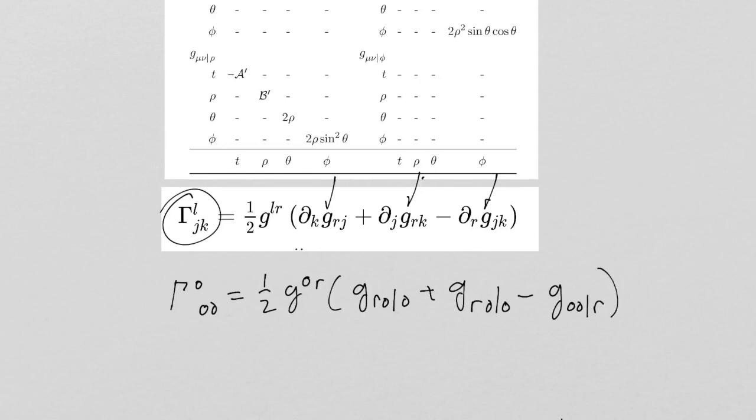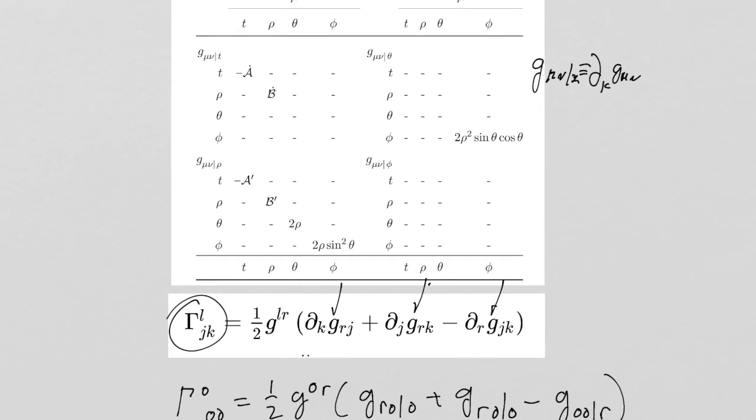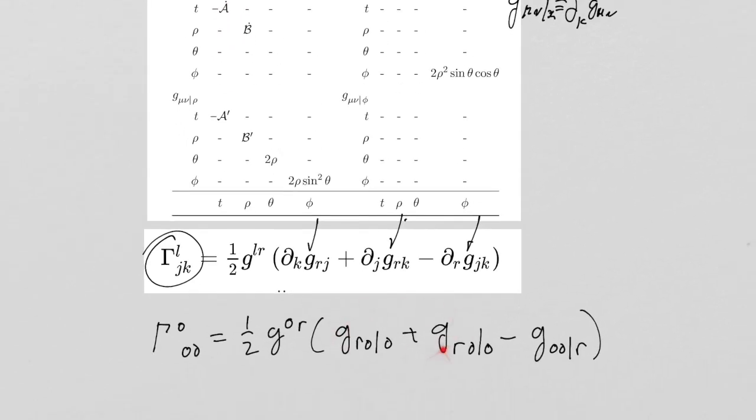So I can now calculate this 0, 0 term just by doing this. And I know all these things, right? I get these three off the table, right? The G 0, 0 partial 0 term would be the partial time term, which is this minus a dot, right? So this is actually not 0, comes in as a factor of 2, which will cancel that 2.